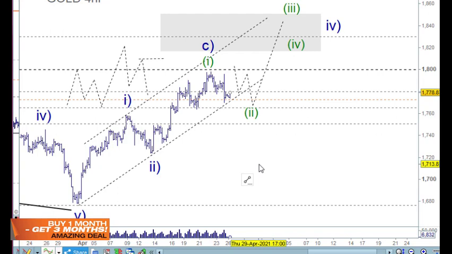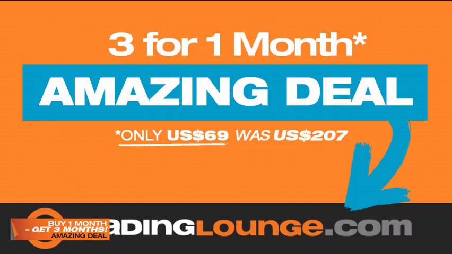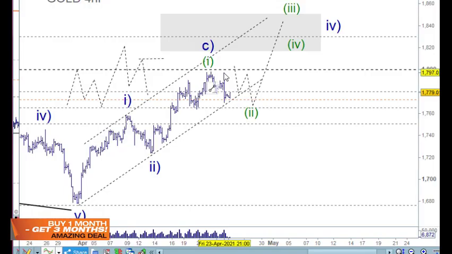That's possible. So the way that we get around that and solve that problem is that we know we had 5 waves in this structure here, so that means that we can just go long above this high here, or we can go long above the second high.